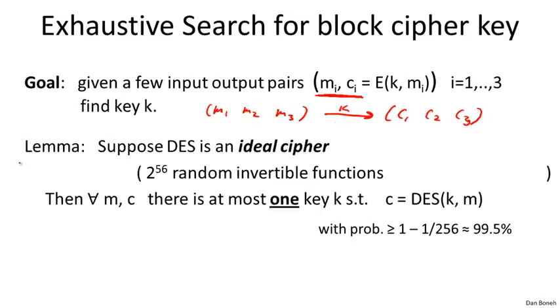Okay, so we're going to prove a simple lemma. Let's assume that DES is what's called an ideal cipher. So what is an ideal cipher? We're going to pretend like DES is made up of random invertible functions. In other words, for every key, DES implements a random invertible function. Since there are 2 to the 56 keys in DES, we're going to pretend like DES really is a collection of 2 to the 56 functions that are invertible, from {0,1}^64 to {0,1}^64.